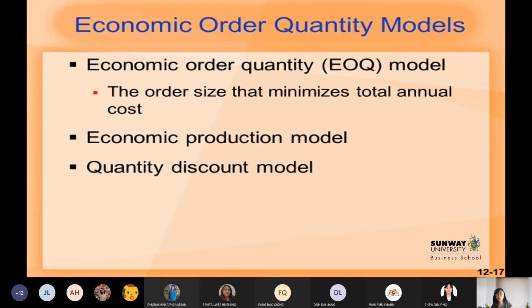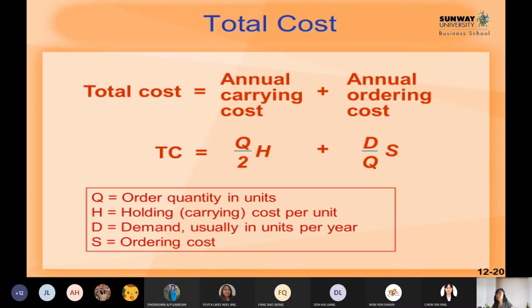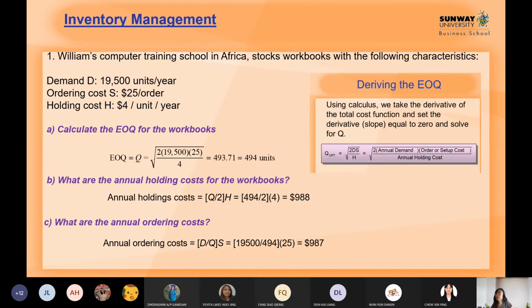So this is the basic four ways of your calculation. Again, I show you the total cost is equal to the sum of the annual carry cost and the annual ordering cost. So this is the calculation question.